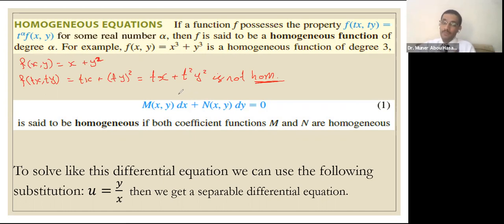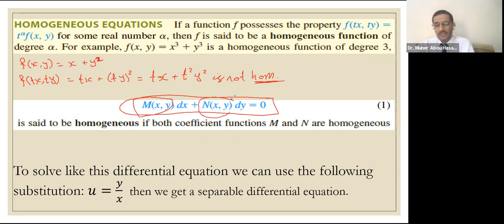Now my aim: if I have an equation like this, and it isn't separable, it isn't exact, it isn't linear, I can check if M and N, both of them, are homogeneous of the same degree. So maybe you can take t squared common factor or t common factor from both of them, or t to the power 3.